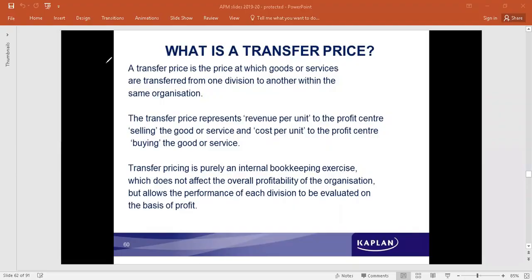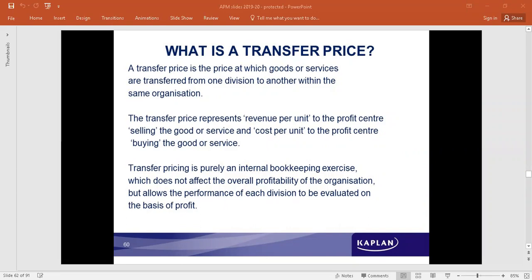In an organization, when there are multiple departments, and one department is the producer and seller of a particular product which is required by another internal department or division, what would be the price at which these materials will be transferred to the other internal department?